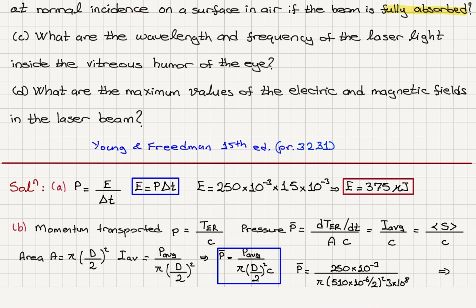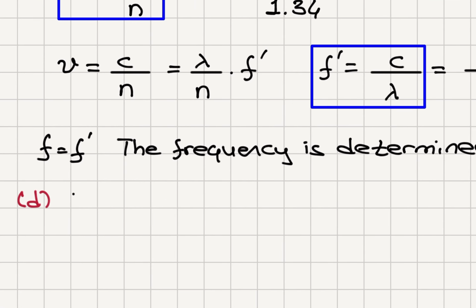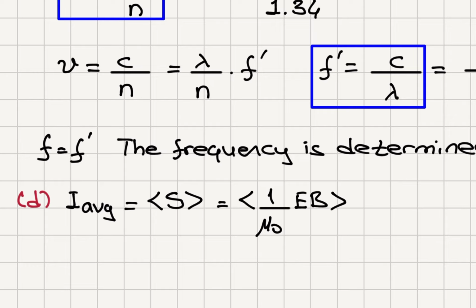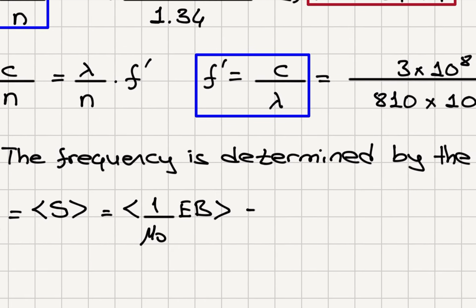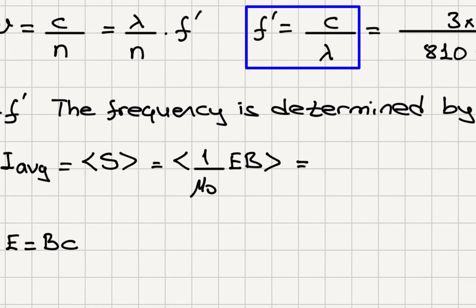Part D, what are the maximum values of the electric and magnetic fields in the laser beam? So remember that the average intensity is simply the time average value of the Poynting vector magnitude, which is the time average value of 1 over mu0 E times B for a plane electromagnetic wave, and E is related to B. E is equal to B times c, that we find from Maxwell's equations.